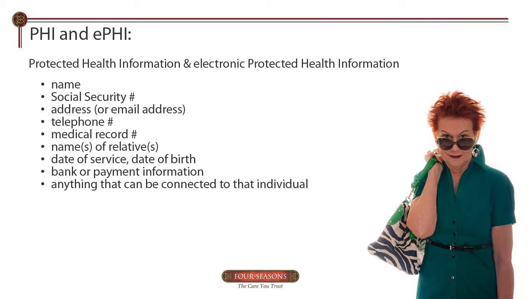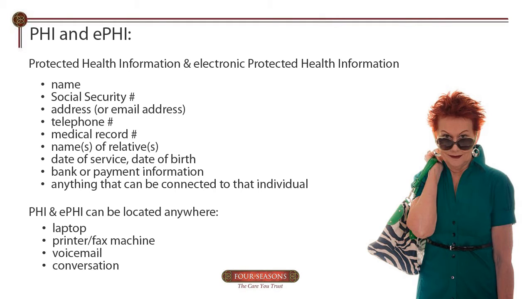The reason I'm spending so much time on this is I'm often asked whether a patient's initials are considered PHI. And the answer is, it depends. Is there health information attached to the initials? If we confirm that someone's being cared for by Four Seasons, then we've disclosed protected health information. Anything that connects health information to a specific individual is PHI.